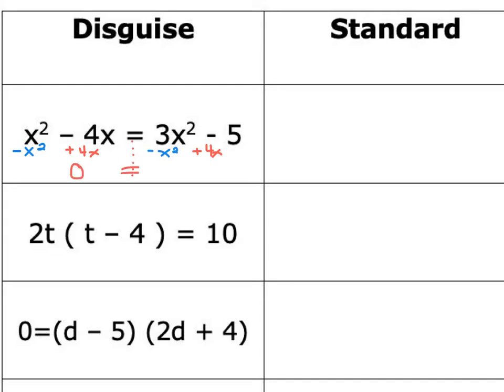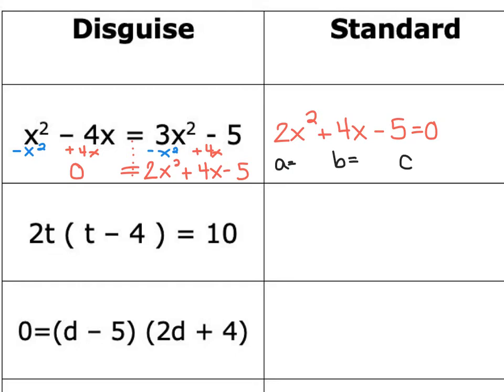And on this side, I'm going to combine my like terms. I'd have 2x squared. I'm going to put the 4x second and the minus 5 last. So in standard form, I'm just going to rewrite this one more time, and I like my 0 on the right. Let's quickly identify A, B, and C to make sure we got it. My A is 2, B is 4, and my C is negative 5.